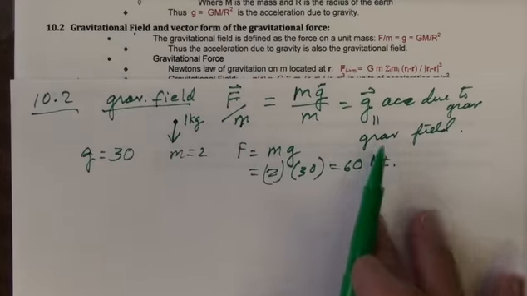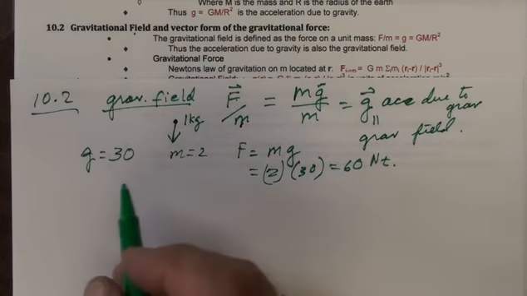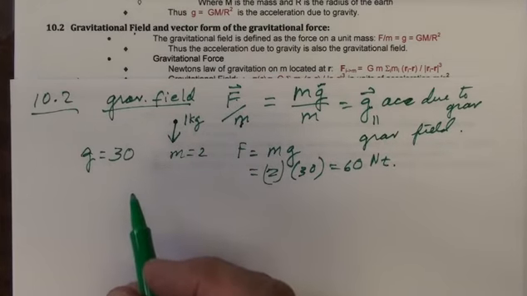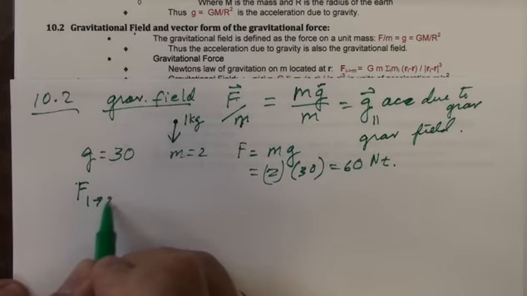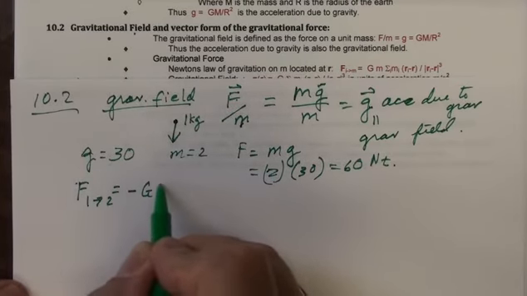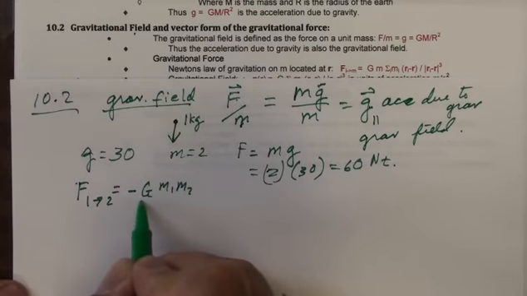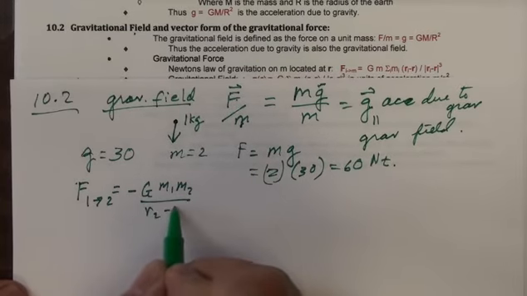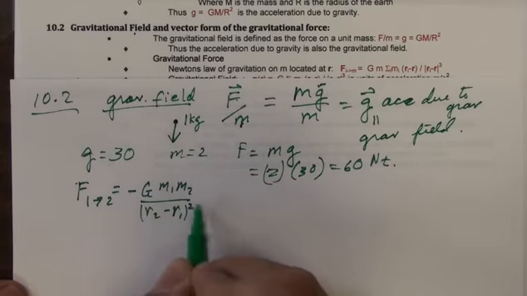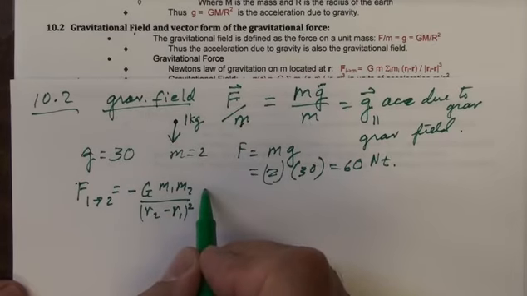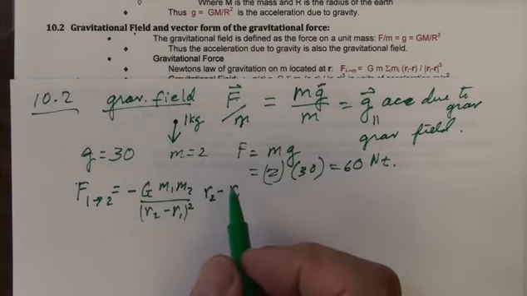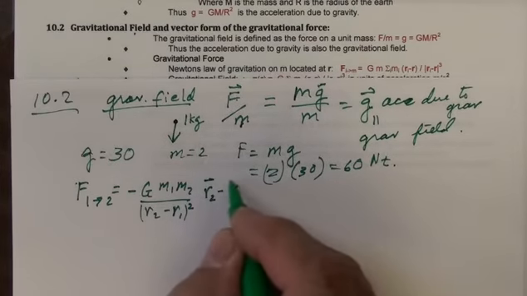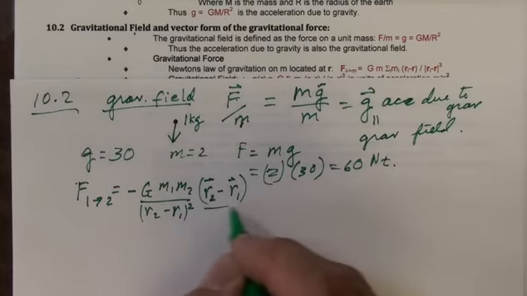Now, we wrote out that force a while ago, as we had the expression up at the top, that F of 1 onto 2 was equal to the negative of G M1 M2 divided by the magnitude of R2 minus R1 quantity squared, times R2 minus R1, divided by the magnitude of R2 minus R1.